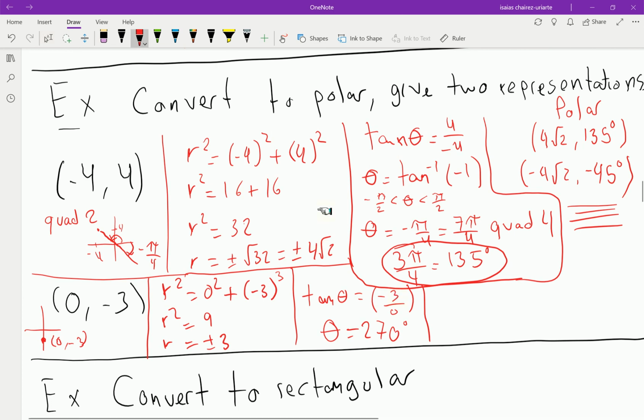Okay, so then I think I'm ready to express this in polar form. One possible representation would be 3, 270. What would be another representation? What about this one? Negative 3, negative 90.